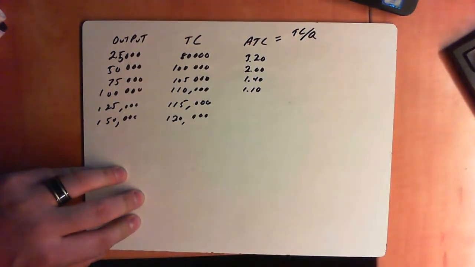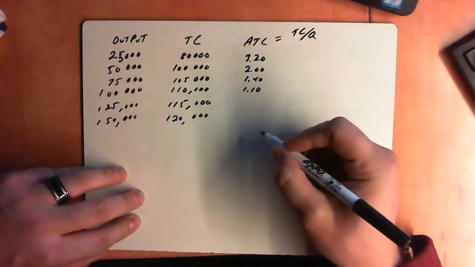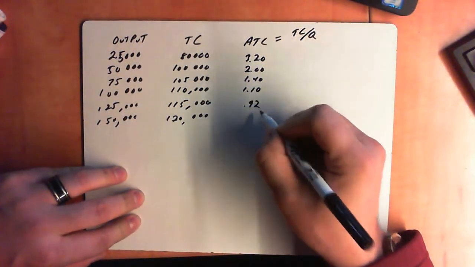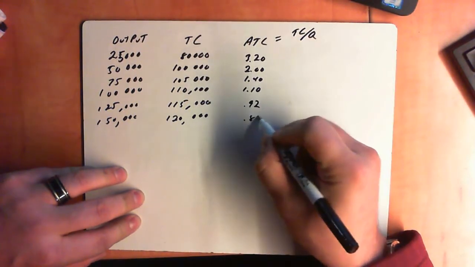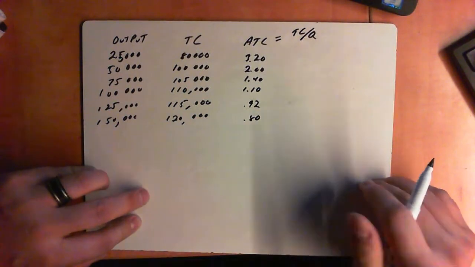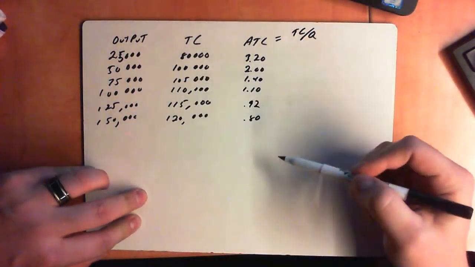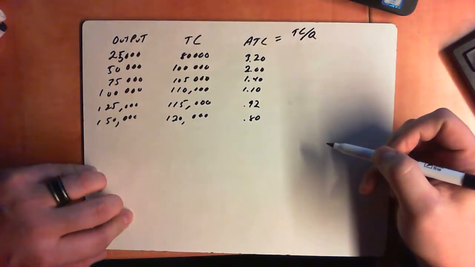Well, we can continue the same thing. 115 divided by 125 is equal to 92 cents, and then 80 cents. So is this a decreasing cost industry? Well, you can see the numbers continuously decrease regardless of how far we go out. So yes, this is a decreasing cost industry.